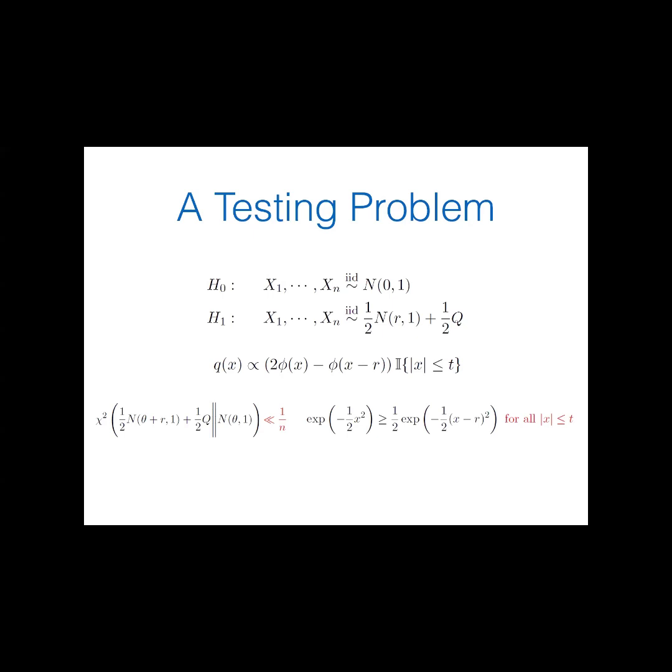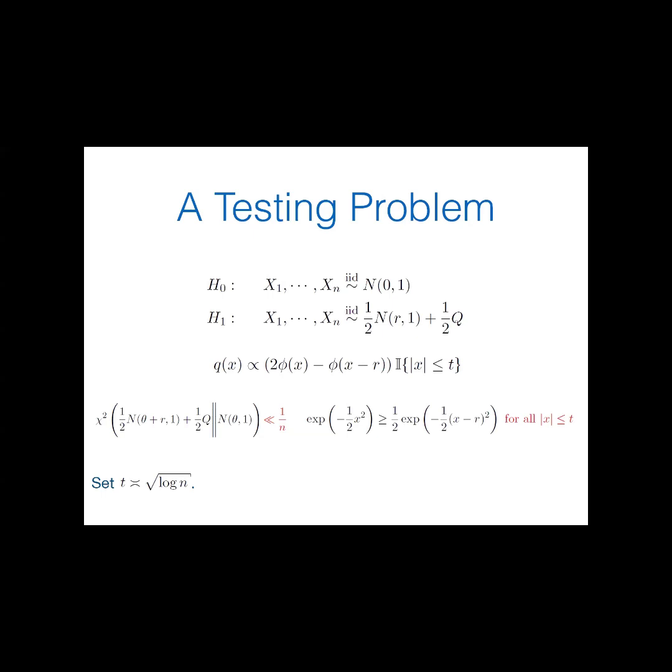Okay? Now, if you compute this chi-square divergence, the majority of the error is coming from the truncating of the Gaussian tail. So it's basically determined by the Gaussian tail. So what you need is the Gaussian tail to be bounded by 1 over n. Again, this is going to be satisfied by choosing t to be of order root log n.